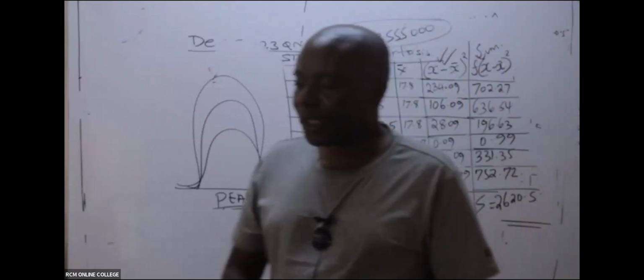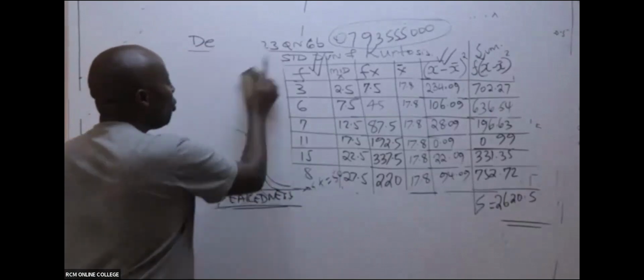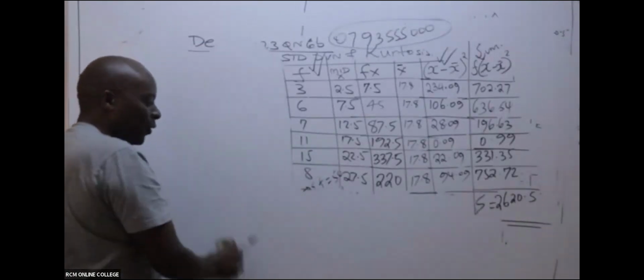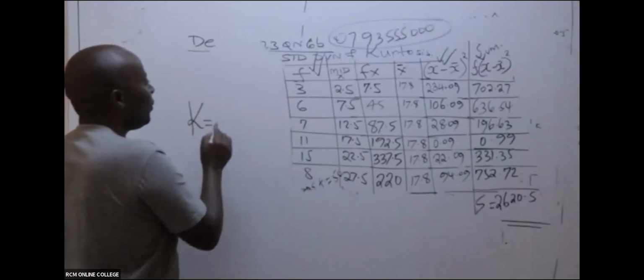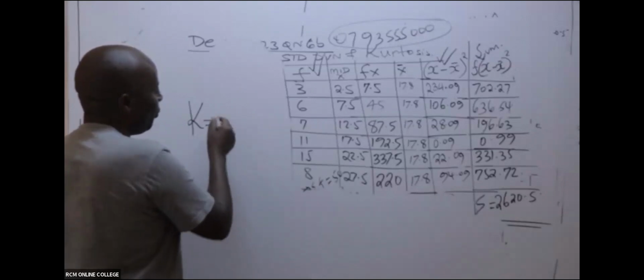The most important thing you're supposed to memorize here is the formula. How do we get this measure of peakedness, called K for kurtosis? It's very easy. So long as you know the formula for standard deviation, I can give you this very fast.